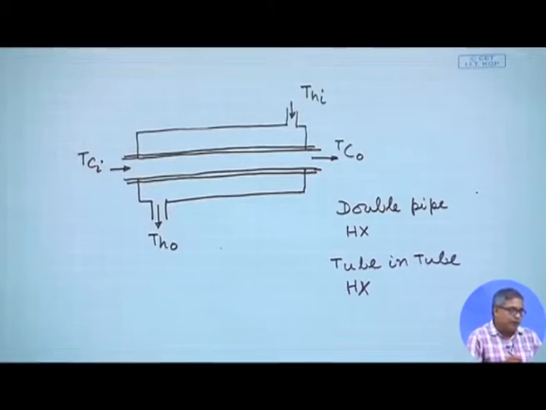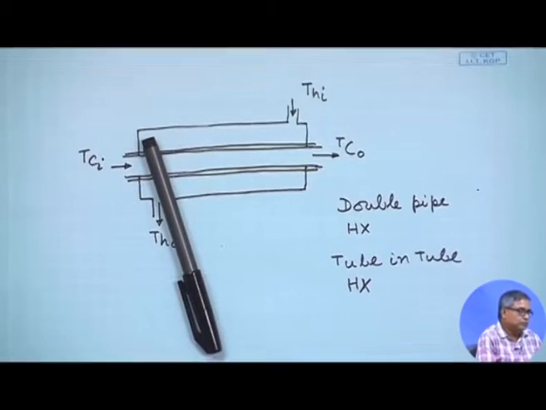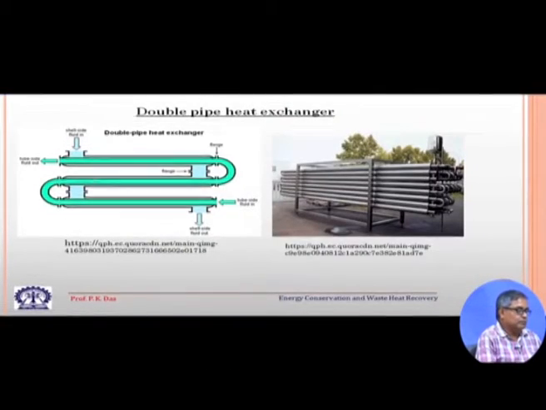So, if we now switch to the PPT, this is a tube in tube heat exchanger or double pipe heat exchanger. You see through the central tube fluid is entering over here and passing through like this, and through the peripheral tube fluid is entering like this and going out like this.